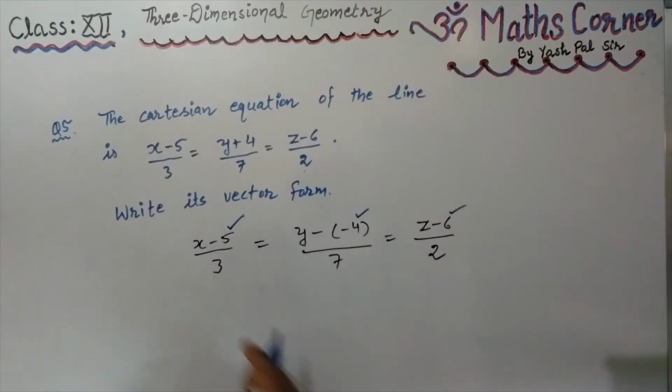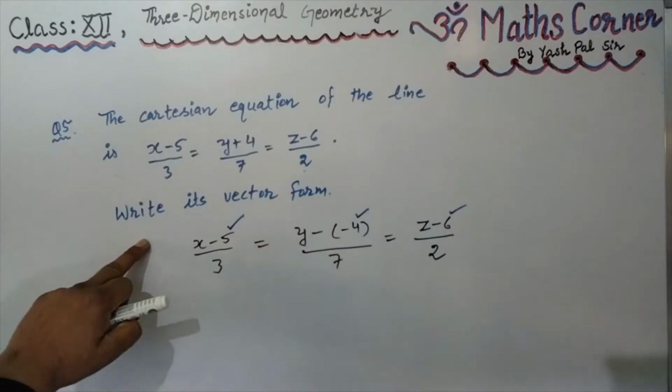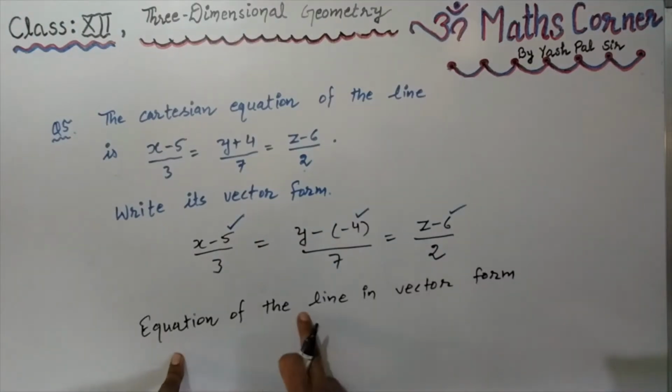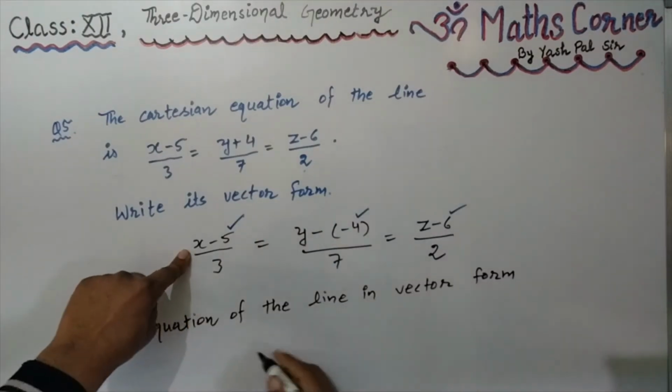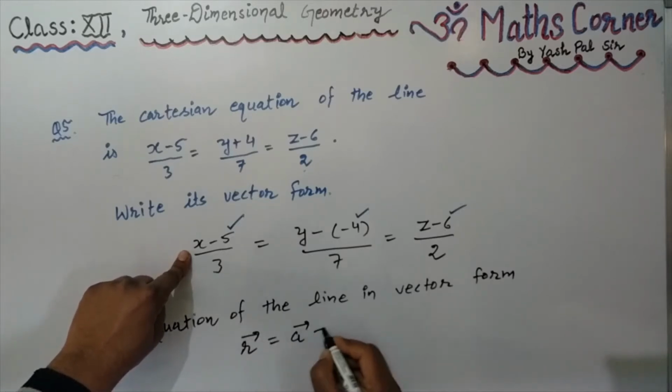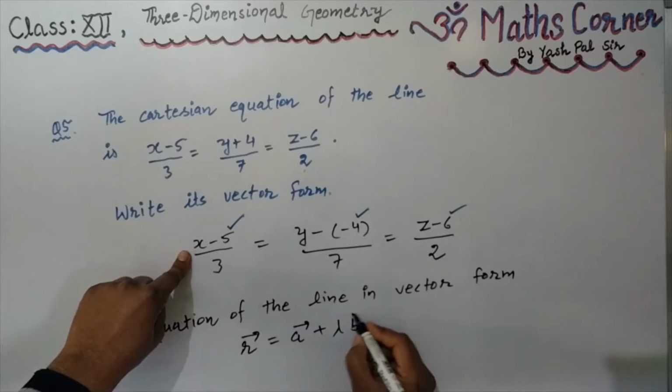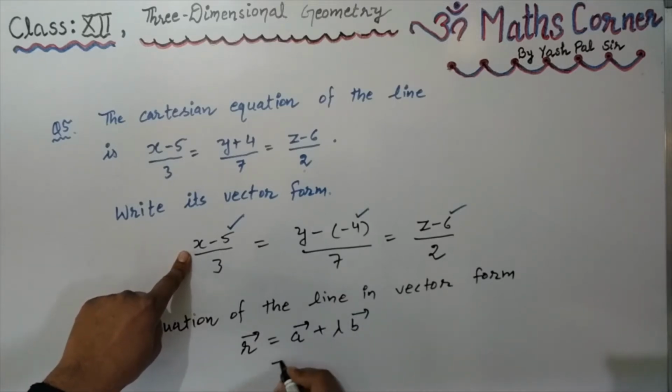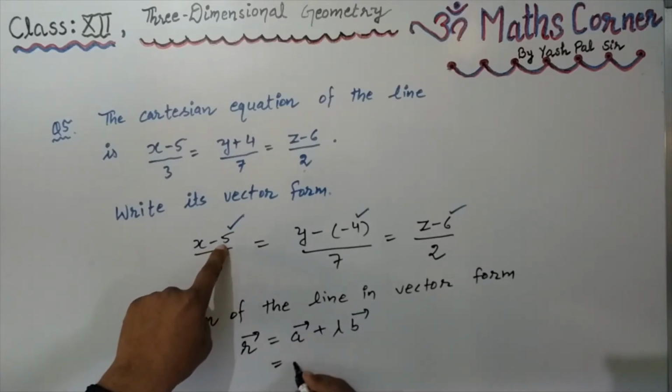Okay, so we write the equation of the line in vector form, that is vector r equal to vector a plus lambda vector b. So here what is a?